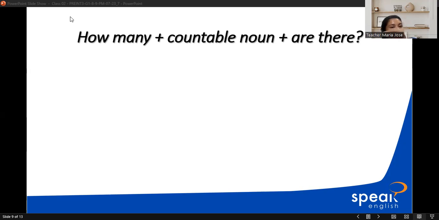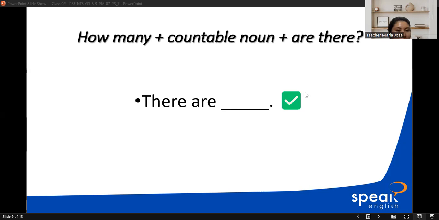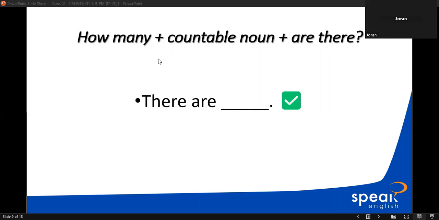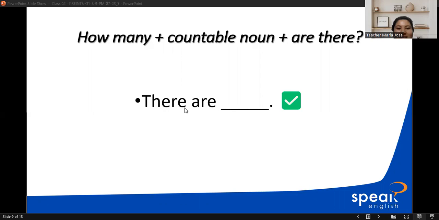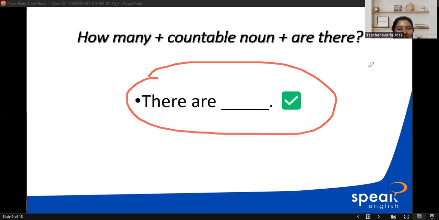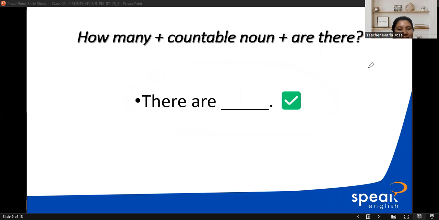So this is the structure for the question, okay? So how can I answer? What is the first option? Joran? No, just read the option. There are.